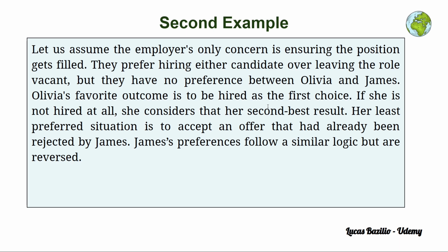So from this we can see that we can assign a utility of 1 for the employer to every outcome where one of the two candidates accepts the offer, and a utility of 0 to every other outcome. Essentially, whenever someone is hired or whenever the position is filled, the employer's utility will be 1. Otherwise, the employer's utility will be 0.